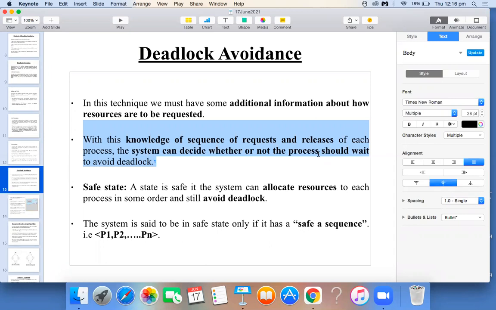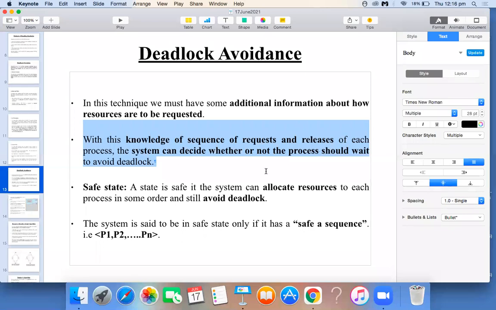Even after allocating the resources to the requested process, your system should remain as it is. It should not enter a deadlock state. Then such a state is called a safe state.